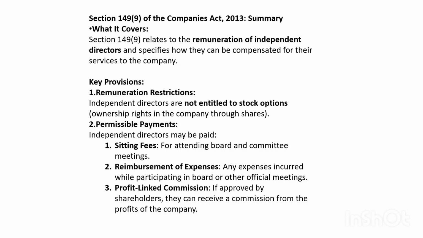Independent directors can be paid through sitting fees and reimbursement of expenses while participating in board or other official meetings, or through profit-linked commission. If approved by shareholders, the independent directors can receive a commission from the profits of the company.